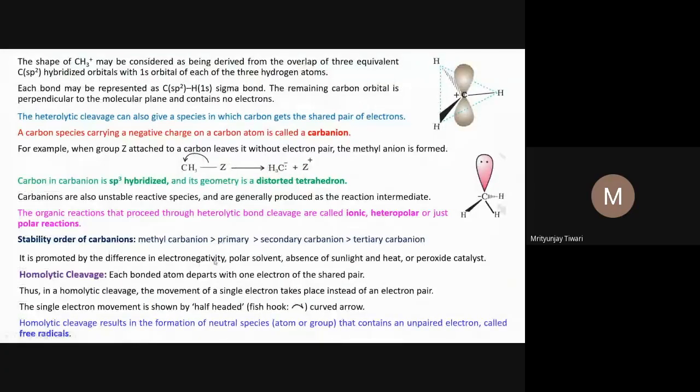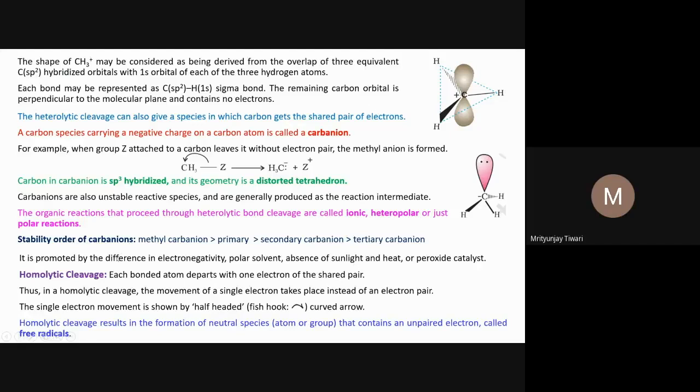So the methyl carbanion is most stable, then the primary carbanion, the secondary carbanion, and the least stable is tertiary carbanion, because three alkyl groups are there to donate electrons to the carbon atom which already contains one extra electron, which is one negative charge, and so its stability will decrease.